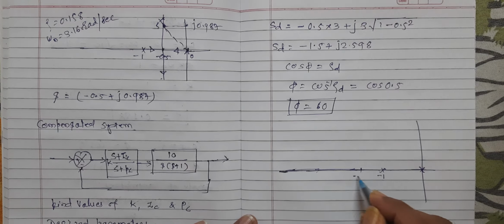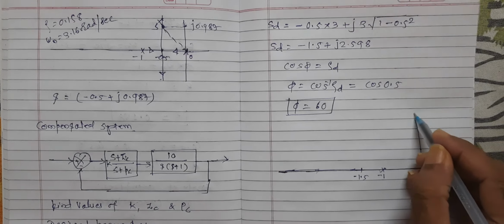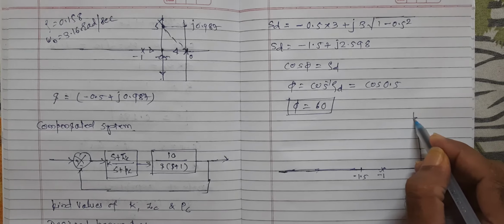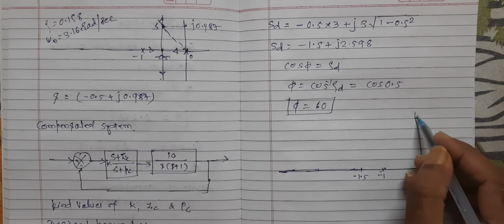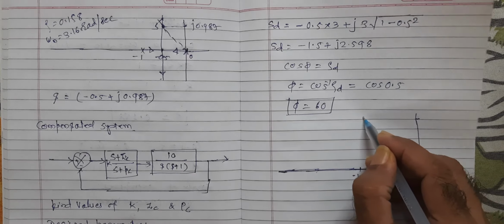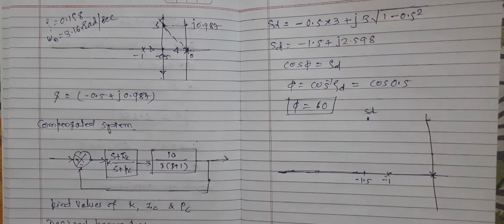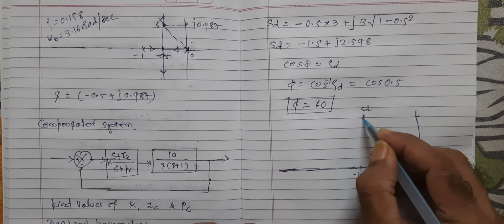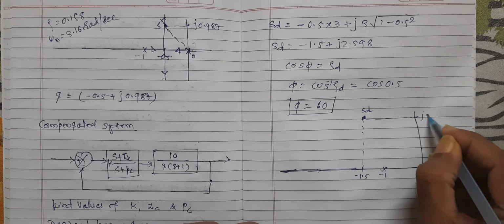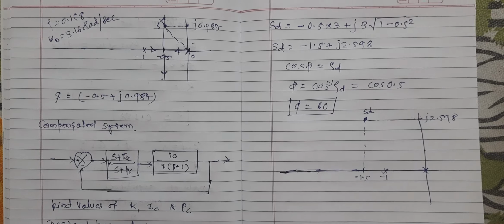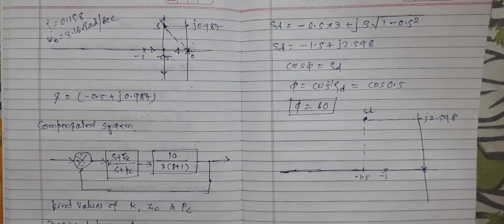Let's say this is minus 0.5, this is 1, this is 2, and somewhere here, 2.598, is my SD location. I have marked my first point SD.